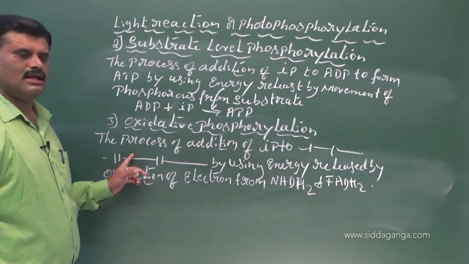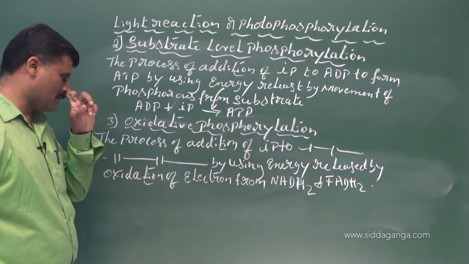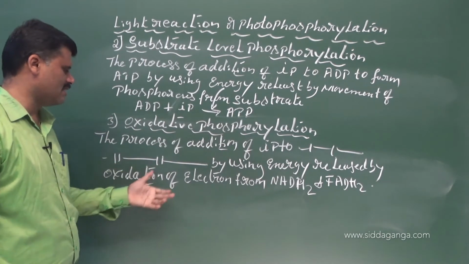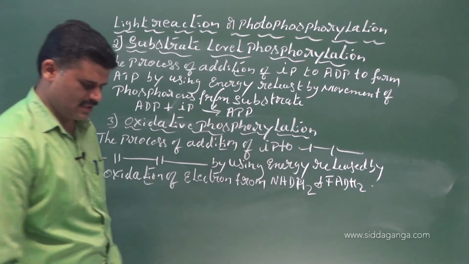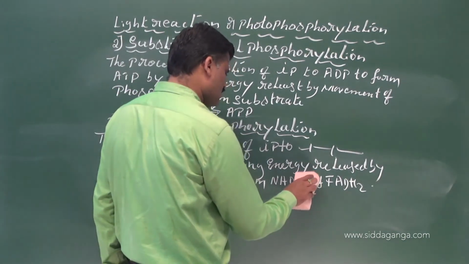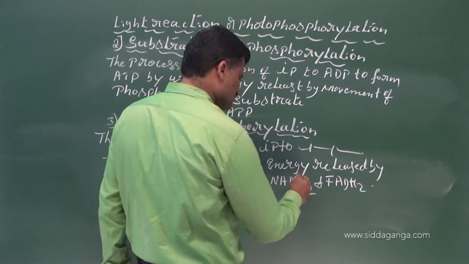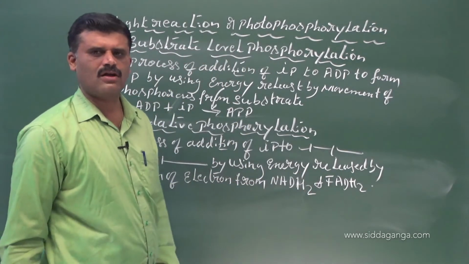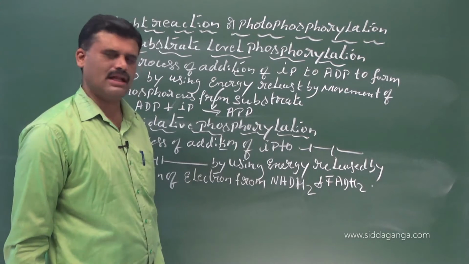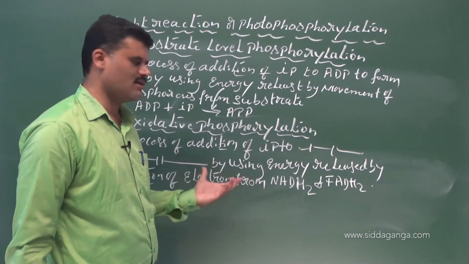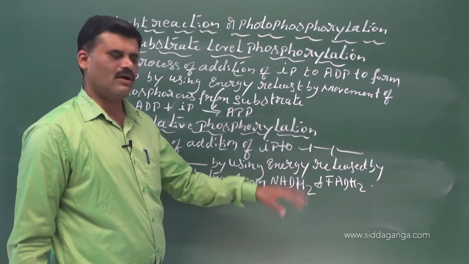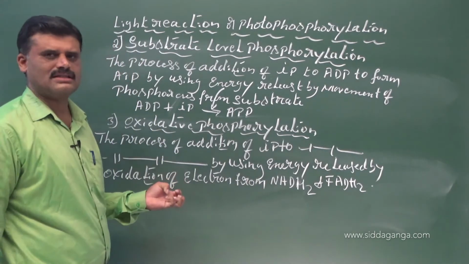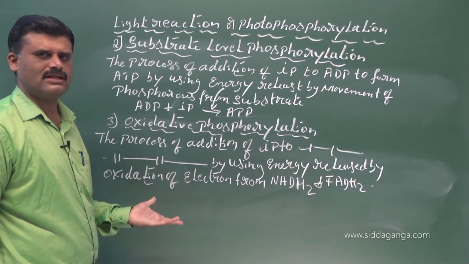So here, the process of addition of inorganic phosphate to ADP uses energy released by oxidation of electrons from NADH2, which is an energy rich molecule. Hydrogen is present and splits to form protons and electrons, which are energy rich. After oxidation from NADH2 and FADH2, these energy rich electrons and protons release energy.